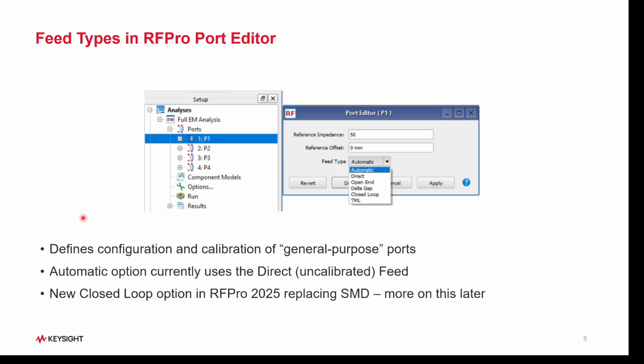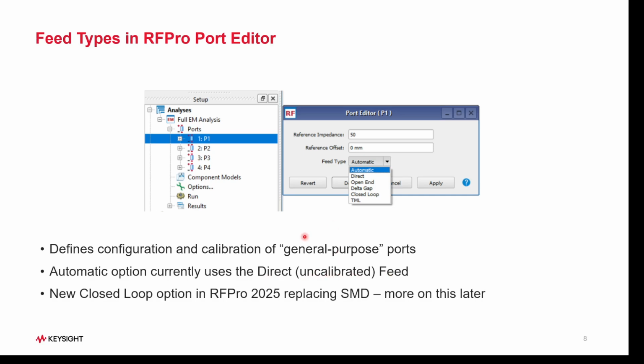Ports can be defined anywhere in the structure, and typically rely on pins placed in the layout, or virtual pins placed directly in RF Pro, for the physical location of the port terminals. Now, the automatic option you see here, which is activated by default, currently uses direct, which is an uncalibrated feed in Momentum.